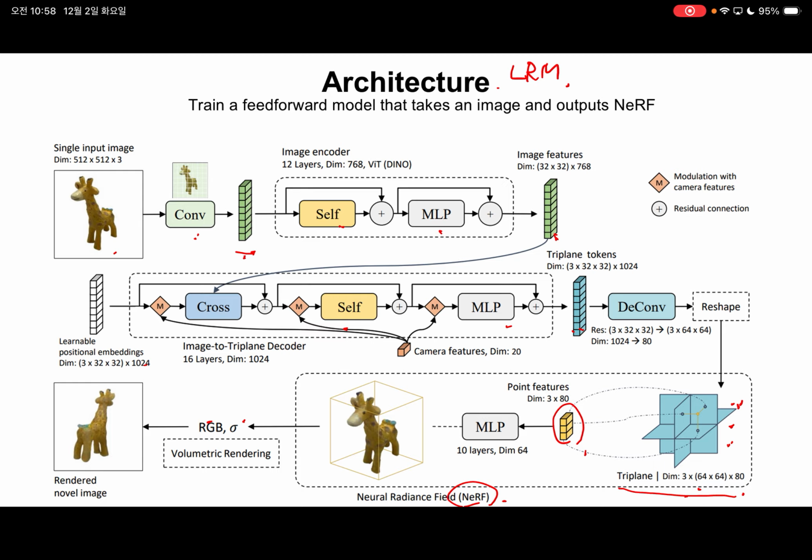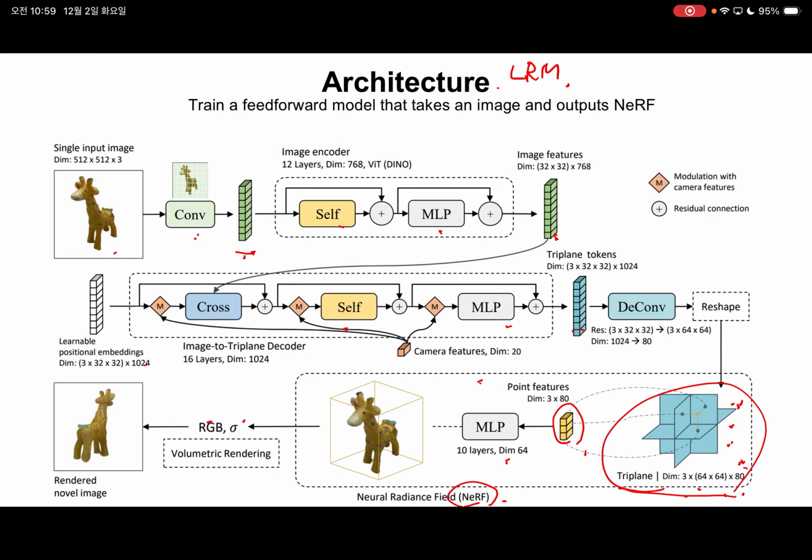And then the important thing is that we reconstruct triplane instead of simply estimating a mesh, volume, or point cloud. The first output is triplane, and then the following MLP takes the features from triplane by concatenating 3 features from the 3 planes, and that becomes the input of the MLP, and such a framework is called NeRF, right?